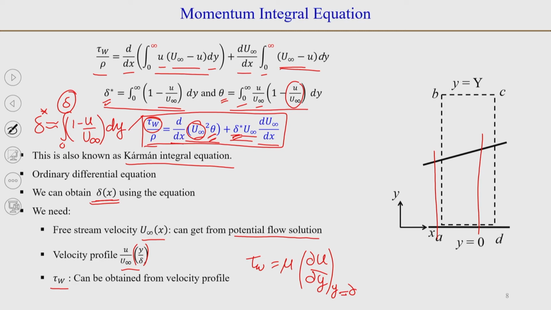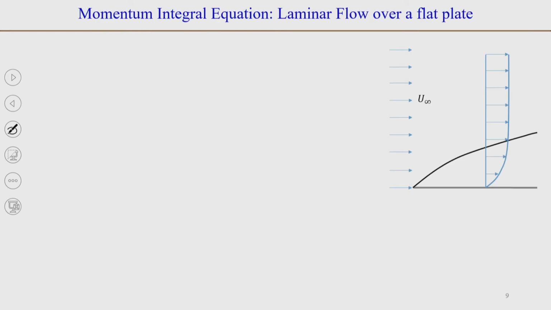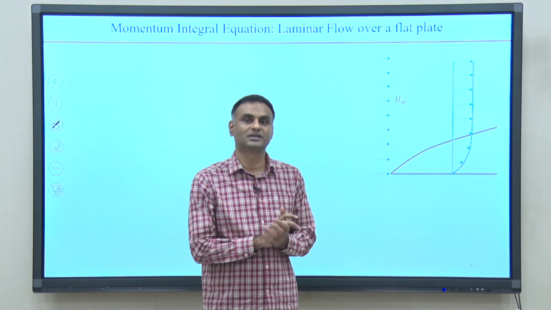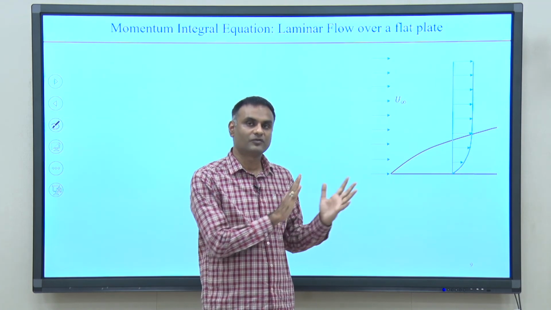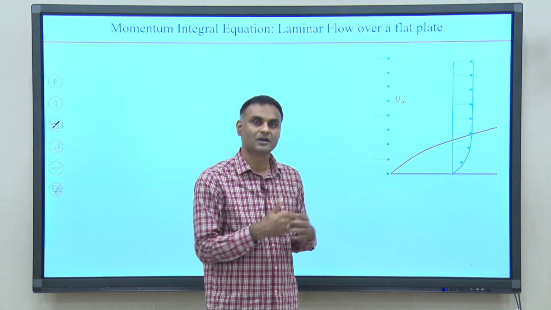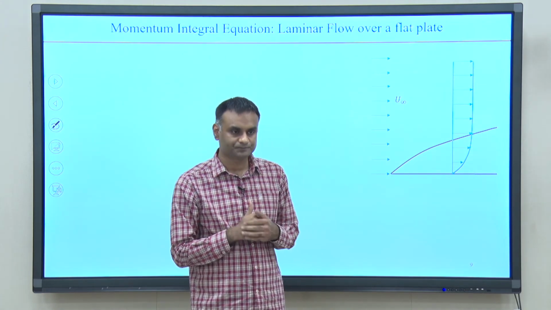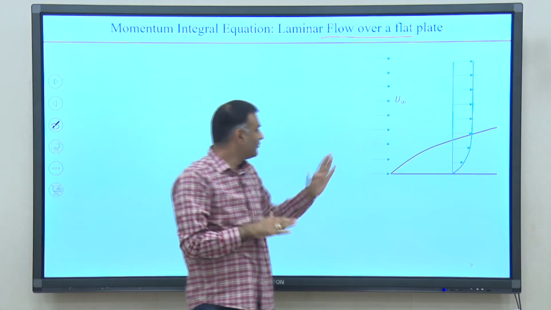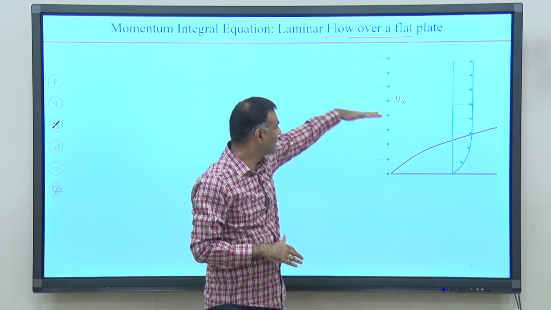Okay. So, we can make an assumption about the velocity profile and see how we can find the profile of the boundary layer. So, we are going to consider an example and see how we can use the momentum integral equation to find different parameters of the boundary layer, for example, the boundary layer thickness. We will consider a case of laminar flow over a flat plate. When we have a flat plate, the velocity is coming and the flow is uniform.